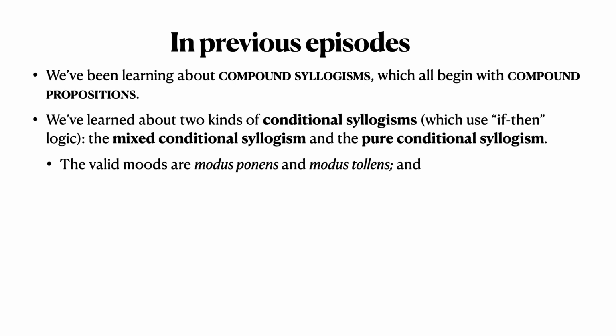Whether we're doing mixed or pure, the valid moods are modus ponens and modus tollens. Modus ponens proceeds by affirming, and it moves from the front of the conditional to the back of the conditional, right? So if we start with if P then Q, we're going to affirm P in order to affirm Q. Modus tollens, also valid, works by way of negation.